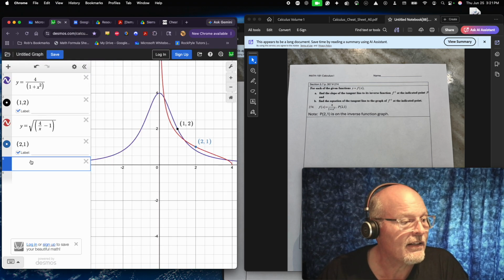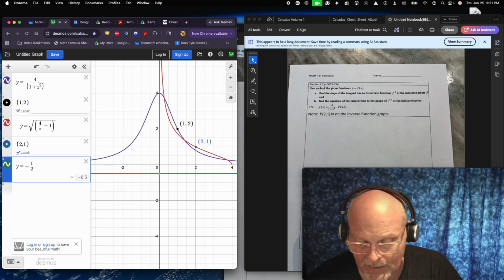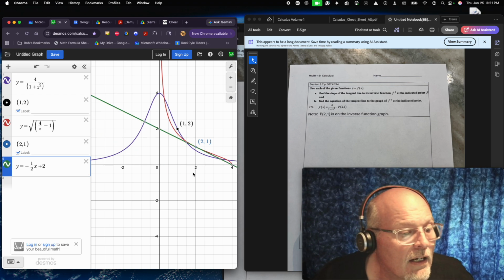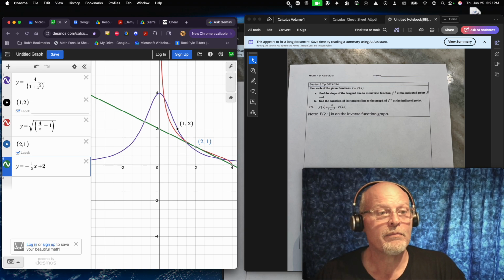And if I add that line here, y equals negative 1/2 x plus 2, I'm going to get the tangent to that line at 2 comma 1. All right, hopefully this makes a little more sense.